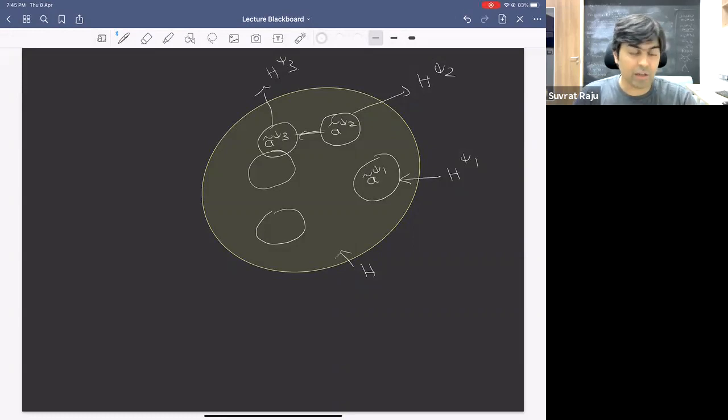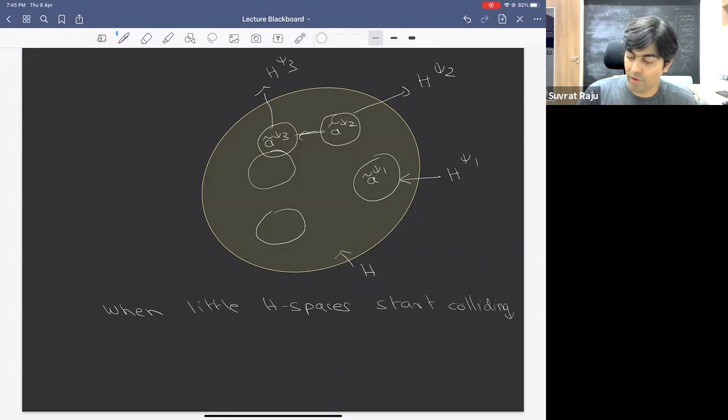Now, this doesn't mean that you cannot find an operator that works correctly, but it does tell you that, when the little Hilbert spaces start colliding, we need these A tildes to mesh together smoothly.